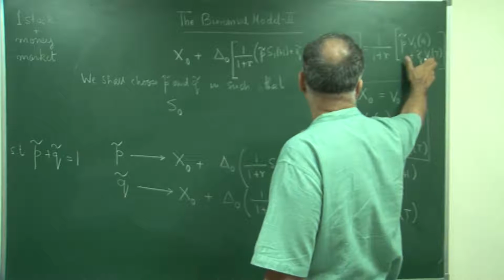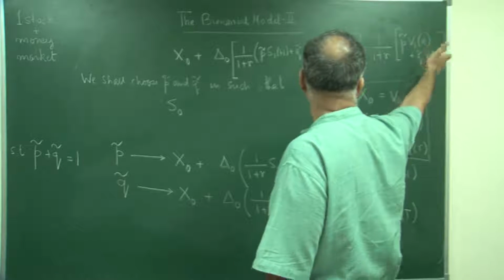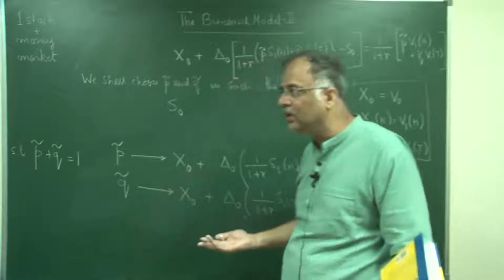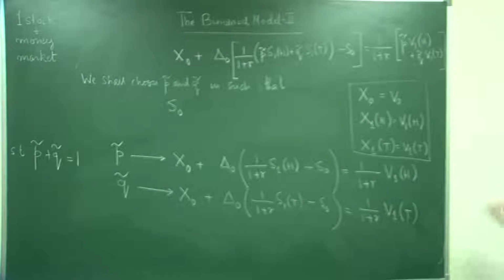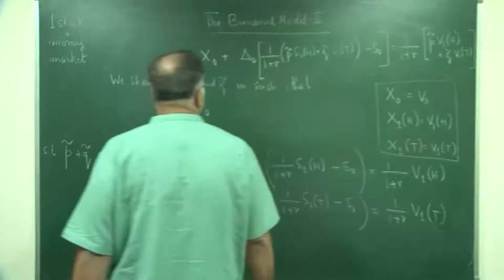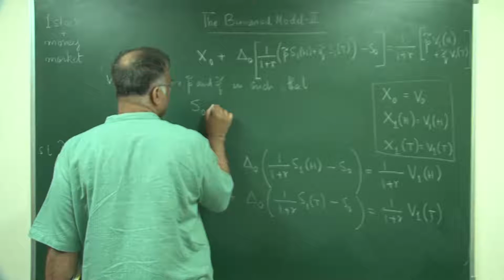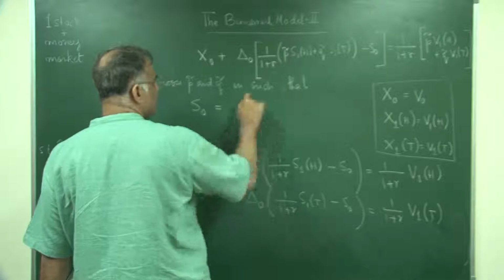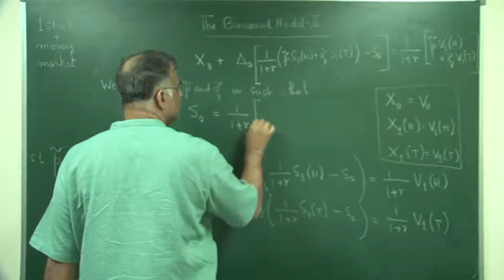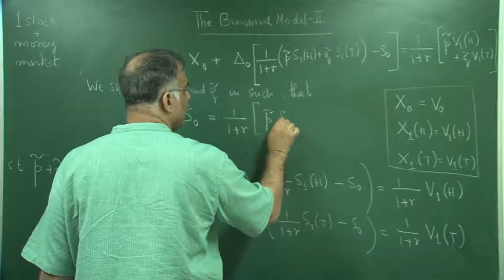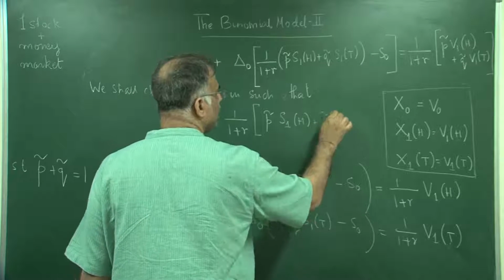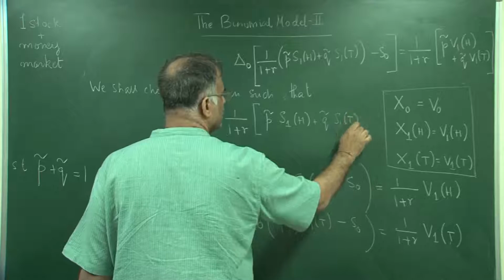It is a convex combination of V1H and V1T divided by 1 plus r, the discounted convex combination. That is essentially the Black-Scholes price. So we assume p tilde is such that S naught is nothing but 1 over 1 plus r times (p tilde S1H plus q tilde S1T).